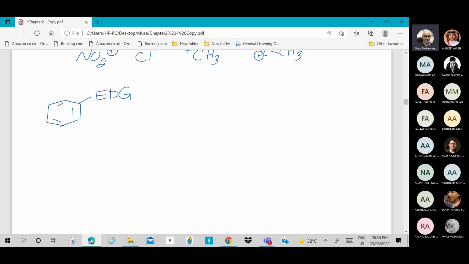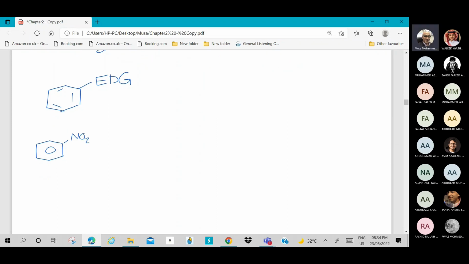So when you have a benzene ring that has nitro group versus when you have benzene ring that has cyano group, nitro group is considered the strongest electron withdrawing group. So this means it's called deactivator. Now you have, after this cyano group, carboxylic acid like CO2H.